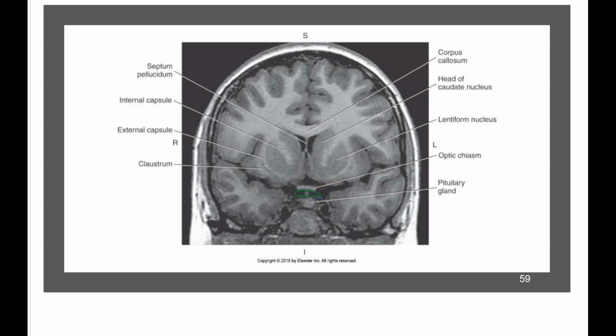So that's your suprasellar, and that right there is your optic chiasm. Okay, here's your claustrum. You can see the line right there. External capsule runs just on the outside. Internal capsule is on the inside. And then your septum pellucidum. And there's your corpus callosum.